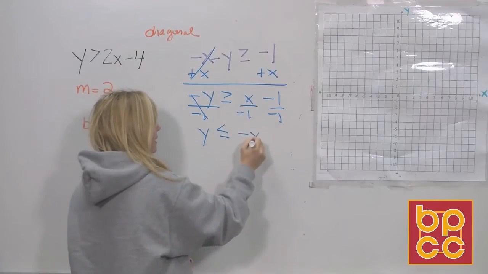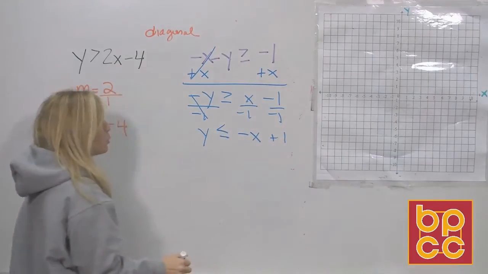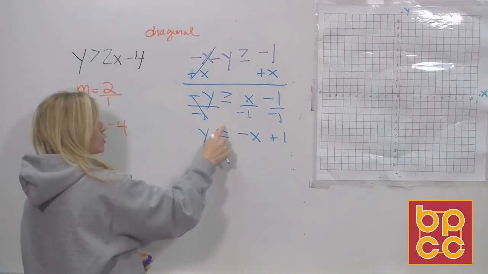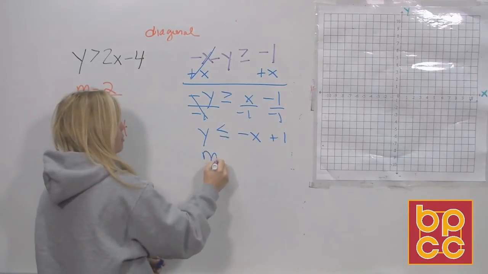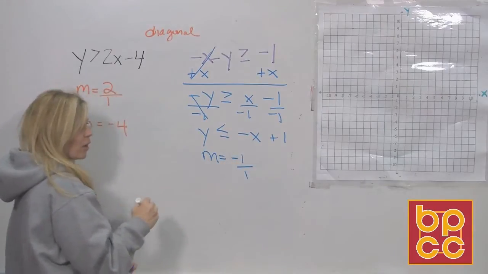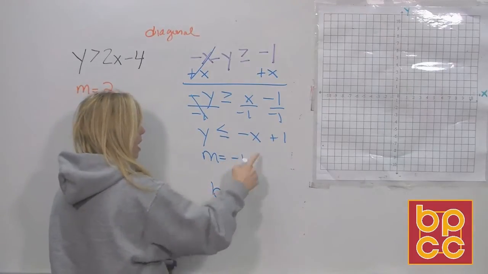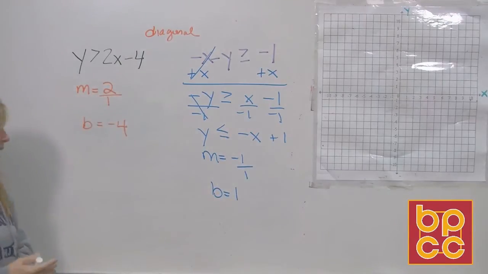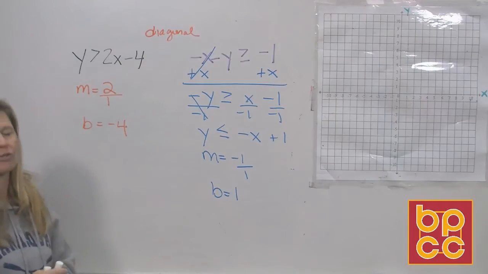We get y is less than or equal to negative x plus 1. So when you divide by negative 1, it changes all the signs, and with an inequality, it also reverses the symbol. Our number connected by multiplication is negative 1, and as a fraction, it's negative 1 over 1. Our number behind is positive 1. So everybody, that is a review of everything we learned in Module 13.